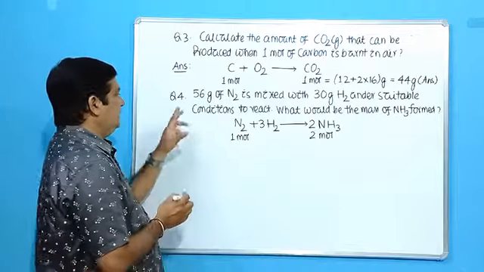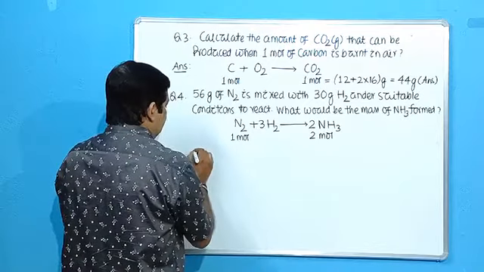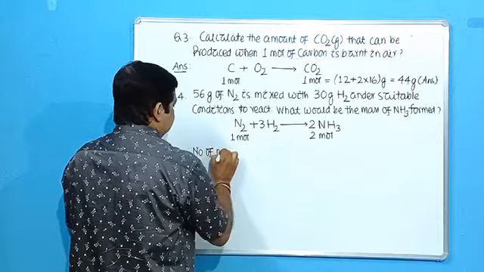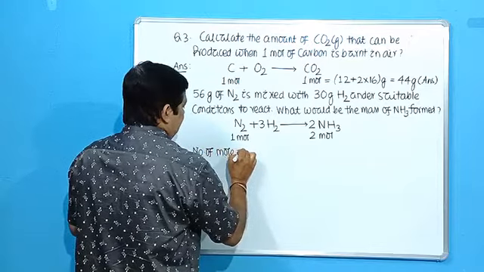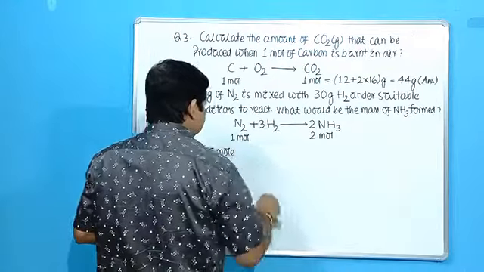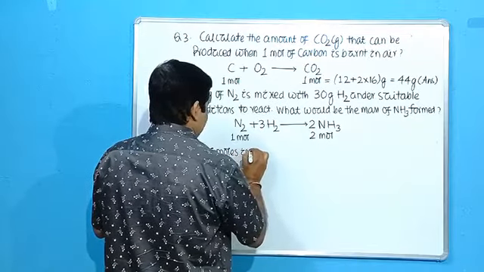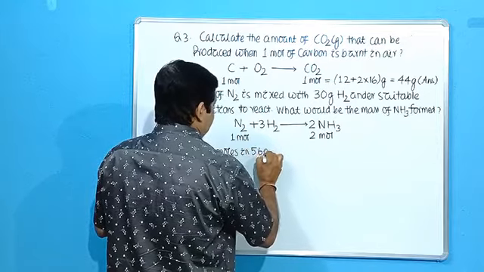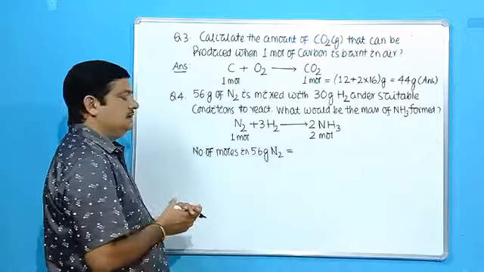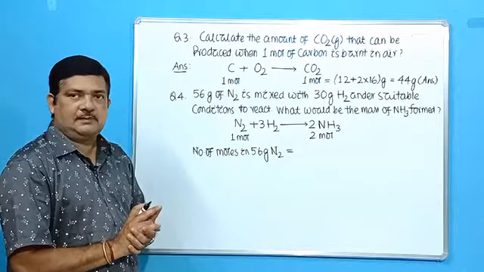Okay, what is given? 56 gram of nitrogen has been given. So let us find out the number of moles in 56 gram dinitrogen. How to find out the number of moles of any substance? Given mass by molar mass.